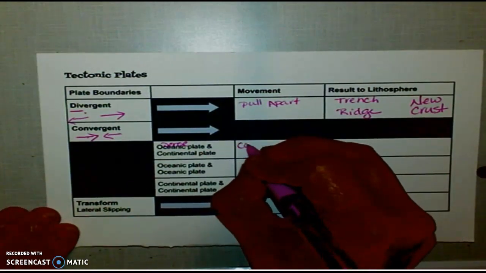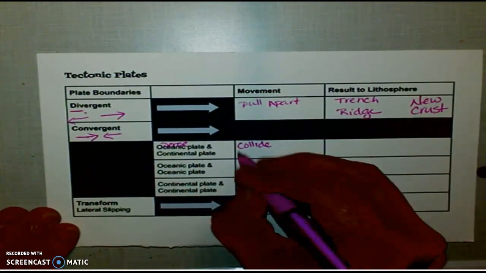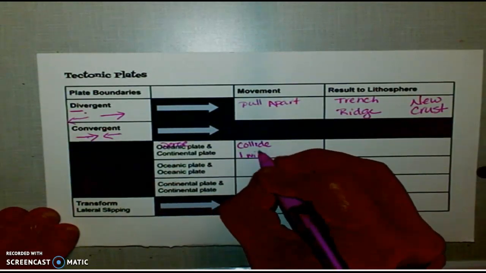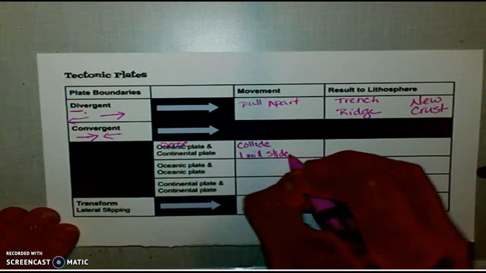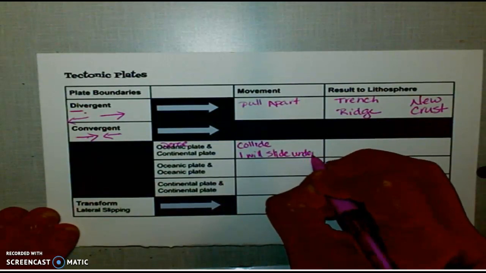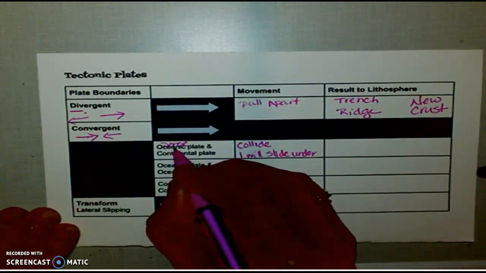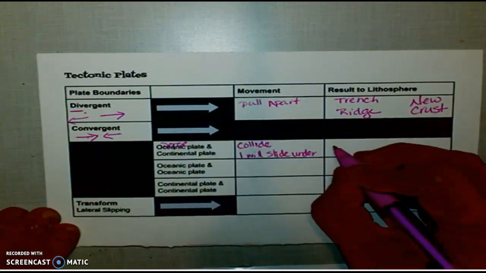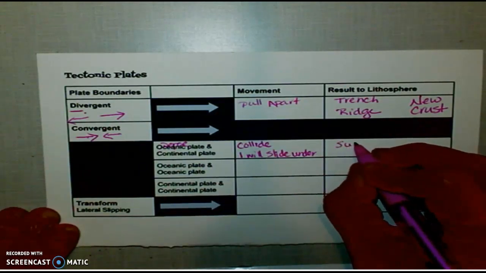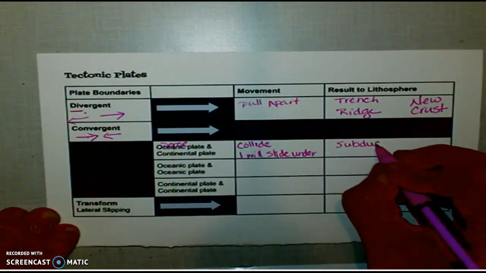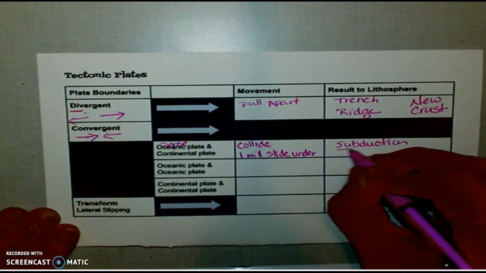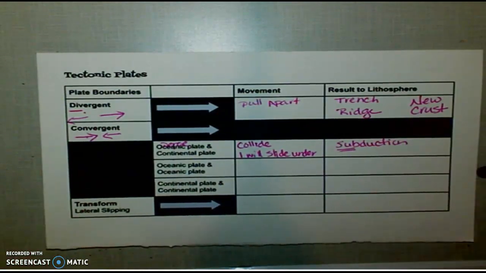So they're going to collide, coming together, and one will slide under. And it's the more dense one that's going to slide under. And what you end up getting is a subduction. Now think about submarine. Sub goes under, subduction, one goes under the other.